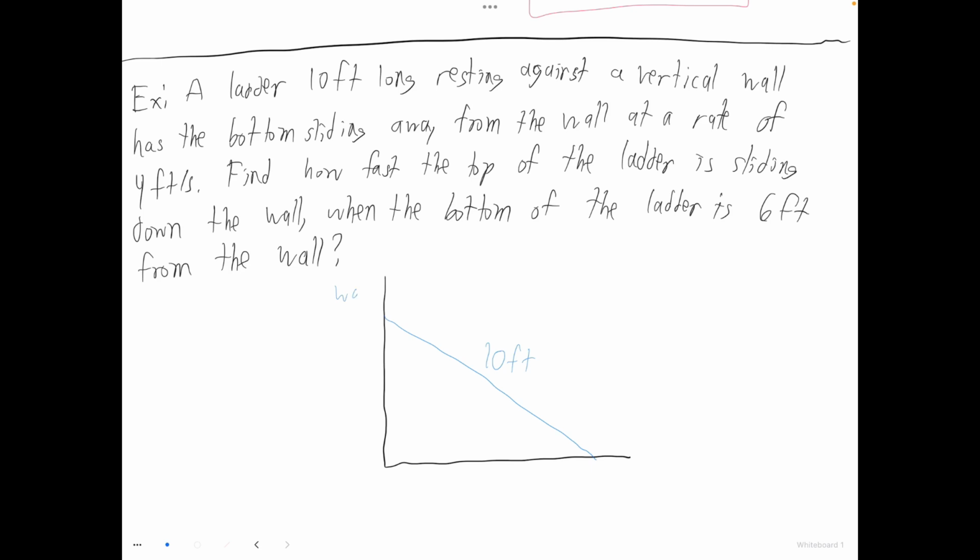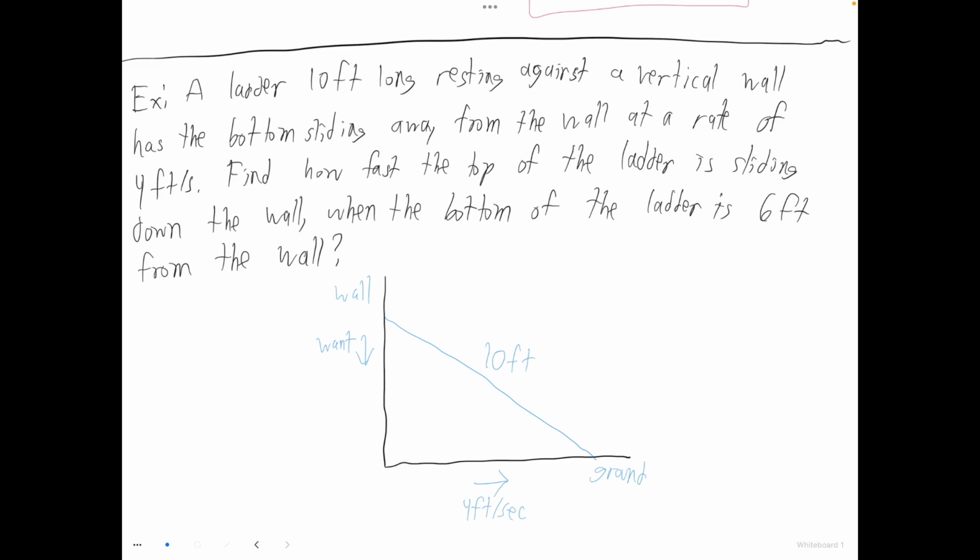And we've got this wall here that it's resting against. This is going to be the ground. And we know it's sliding away from the wall at a rate of 4 feet per second. And we want to figure out how fast it's going down. So this is what we want. We want to know the speed that we are sliding down the wall.